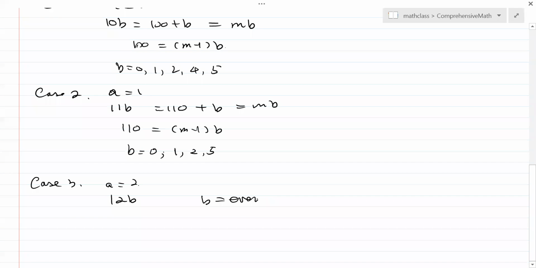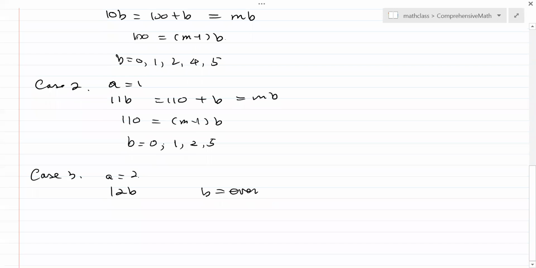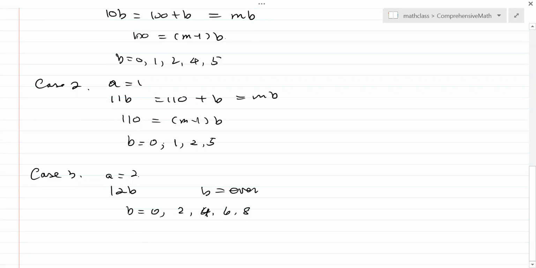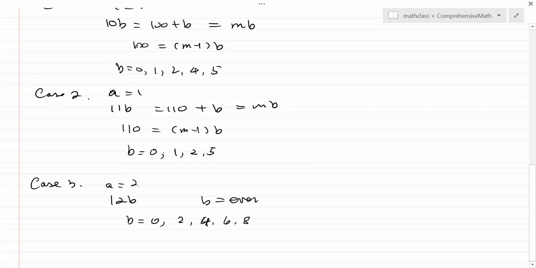There's a restriction here. Meanwhile, it also should be divisible by B. So that means there are not many choices. B can be 0, 2, 4, 6, 8. This number should be divisible by 2, B is even, but also should be divisible by B.